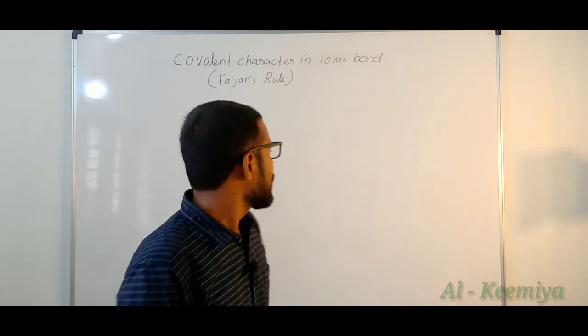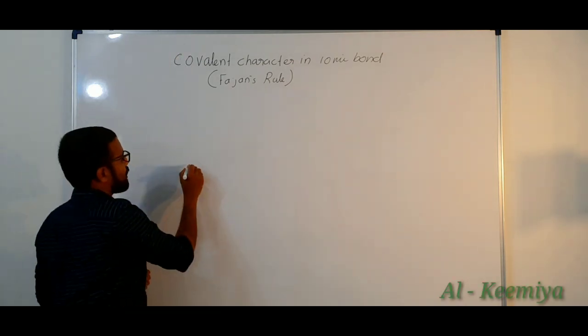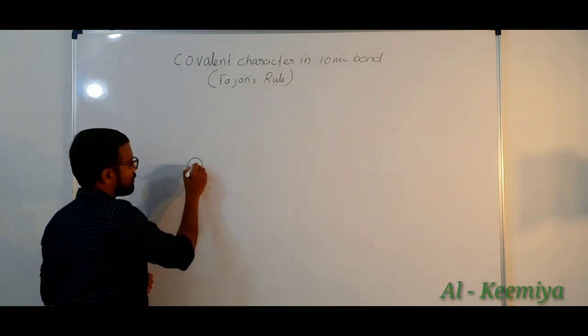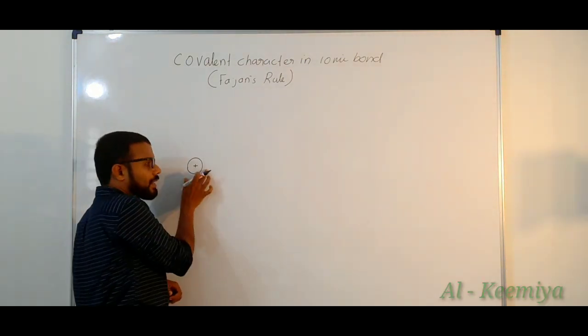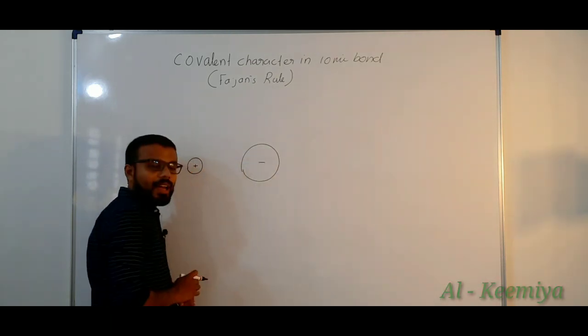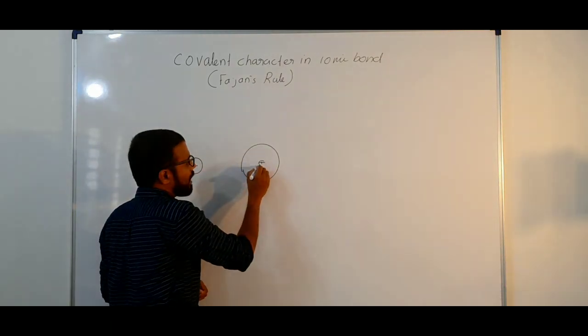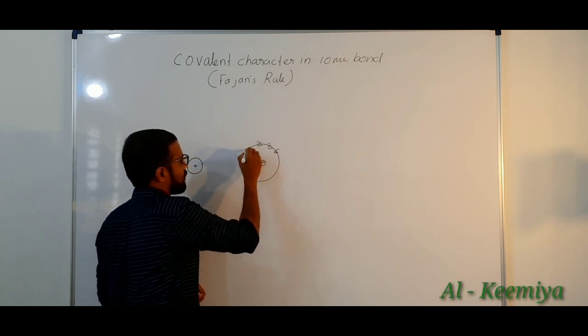Okay, so in Fajan's rule, see what happens. For example, in an ionic solid or ionic bond, this is a cation, and we have an anion. In this anion we have negative charge, that is, electrons are there.